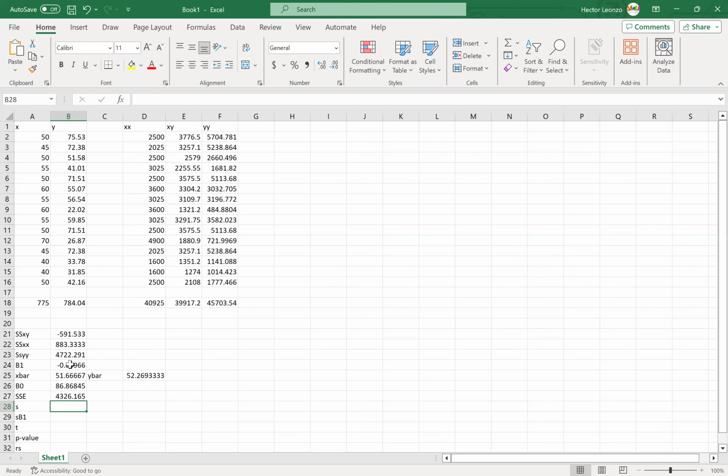Here for my standard error, I go square root, so s equals sqrt, open parentheses, SSE divided by 13. Right, there's 15, so n is 15, n minus 2 gives me 13. Good.